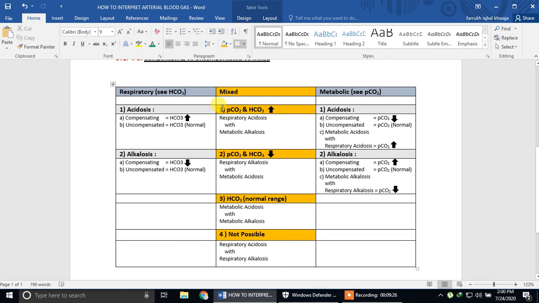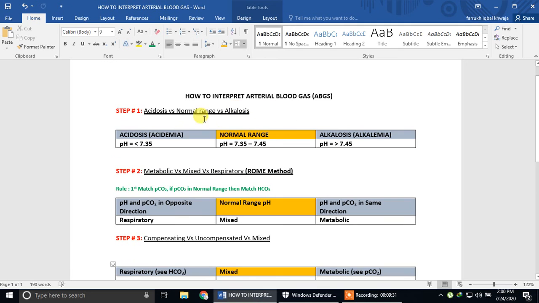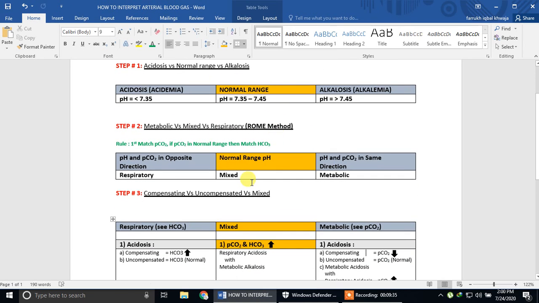Whenever you see a normal range given in an ABG, you don't have to go through the Rome criteria. It is mixed type, since the patient is having symptoms, of course it is mixed type.